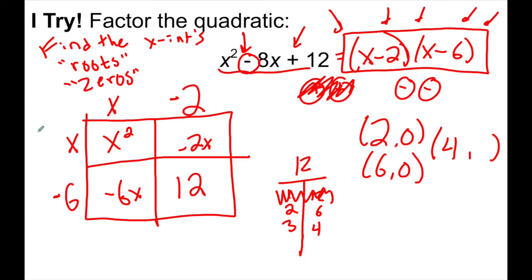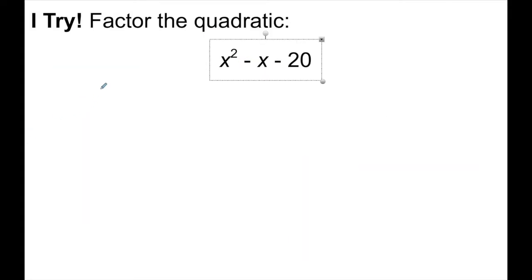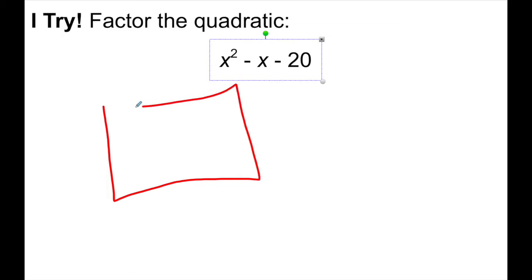All right, so here we go. Now I'm going to factor this quadratic right here, and even though it's an I try, I'm going to try to get some of your feedback here as well. So if we think about it, we're going to start with the box. All right.